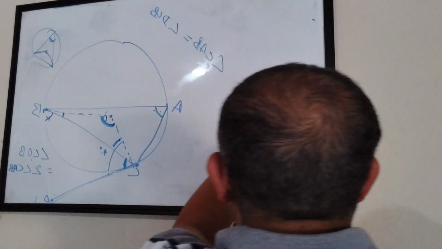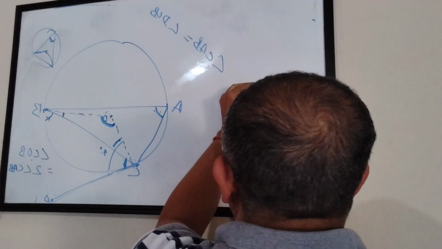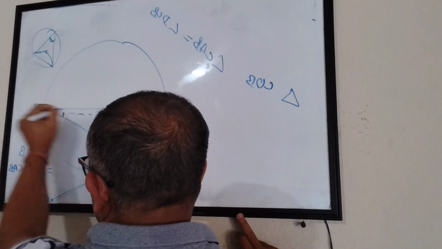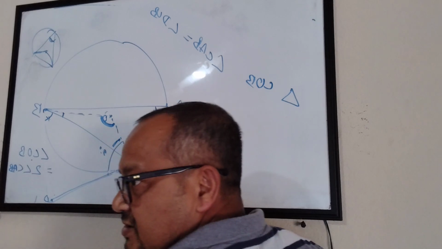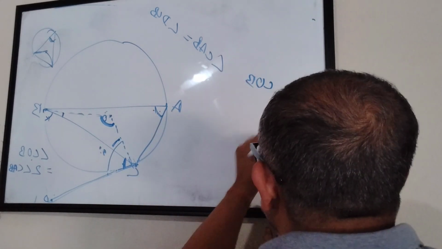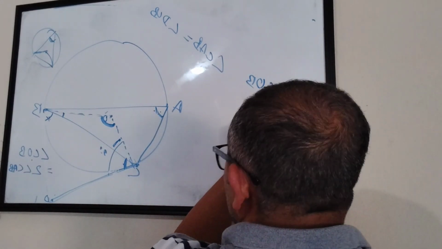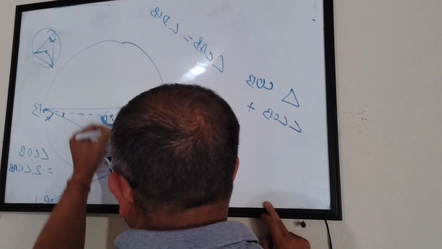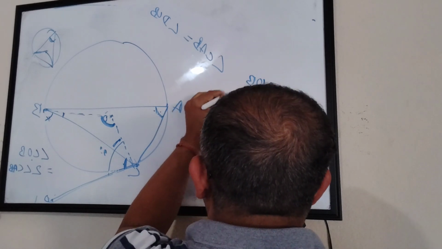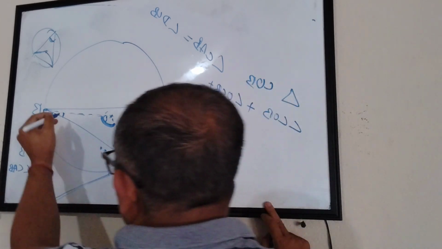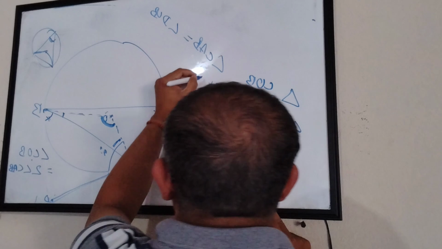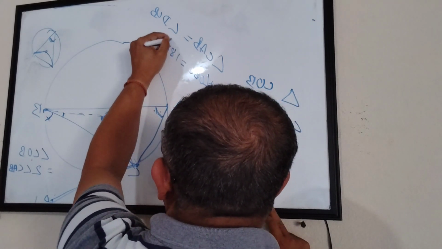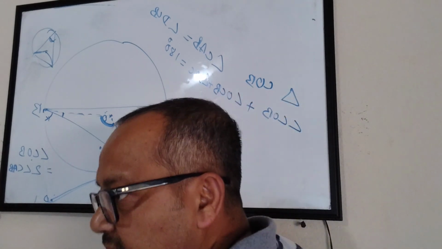So if you look at triangle COB, I'm looking at this thin triangle that you see on the center. Here, the angle COB plus the angle OCB plus this angle OBC equals 180 degree.